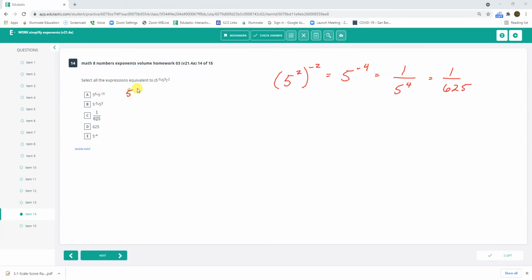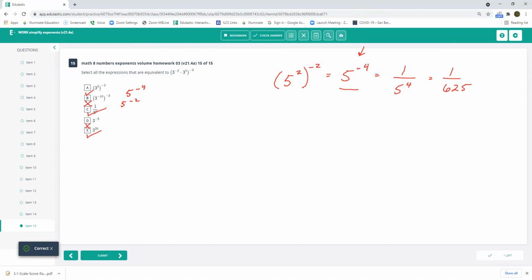That's 5 to the negative 4, which is right over here, so that one is equivalent. 5 to the negative 5 times 5 to the 3rd, that's 5 to the negative 2, which doesn't match up with anything. 1 over 625, that one does work. 625 does not work. 5 to the negative 4, that one does work. So we have 3 of them that are equivalent.